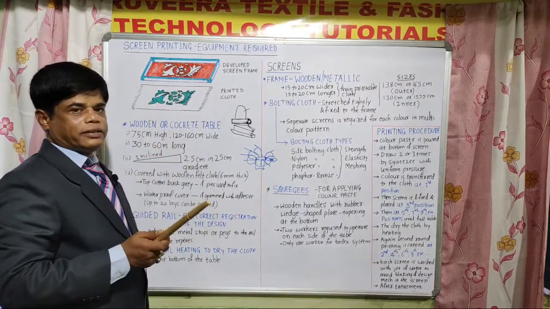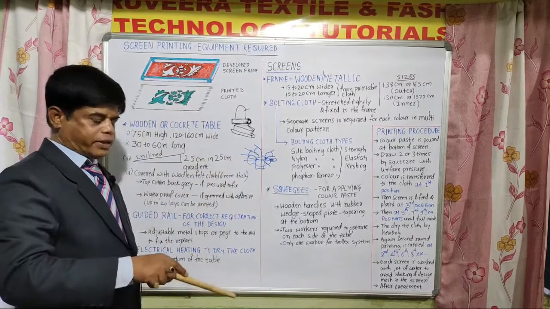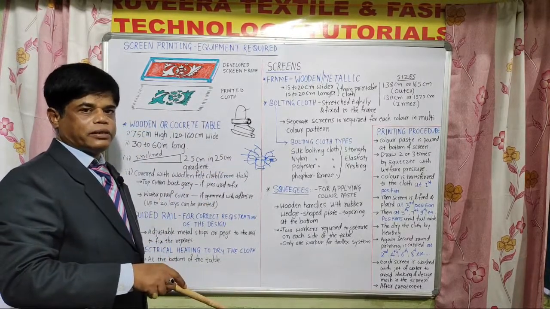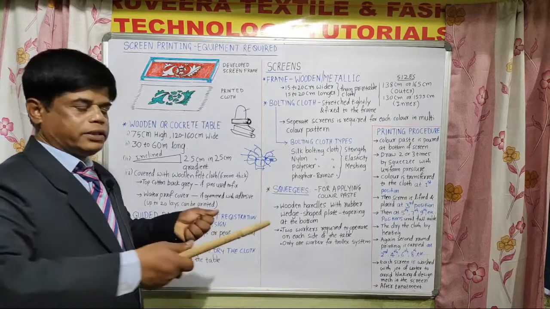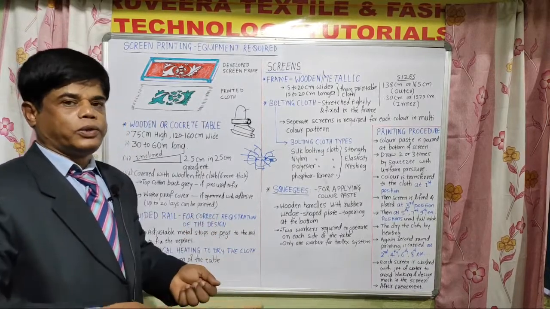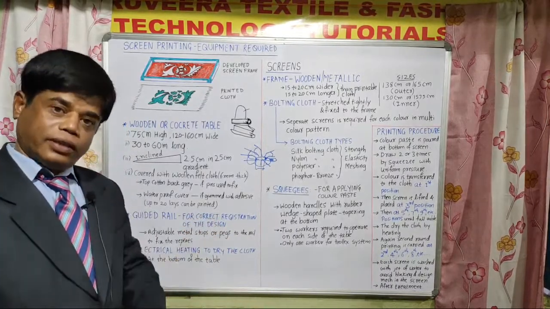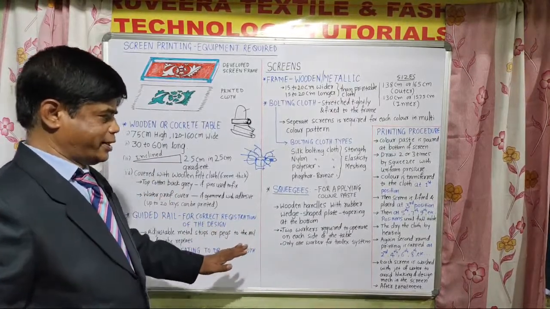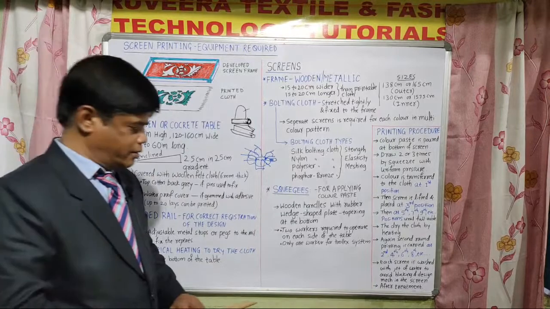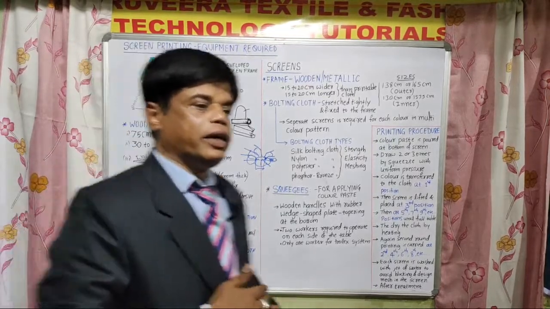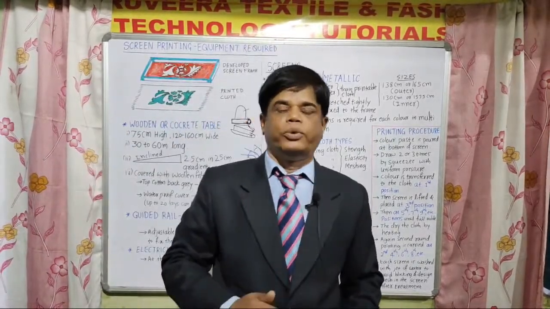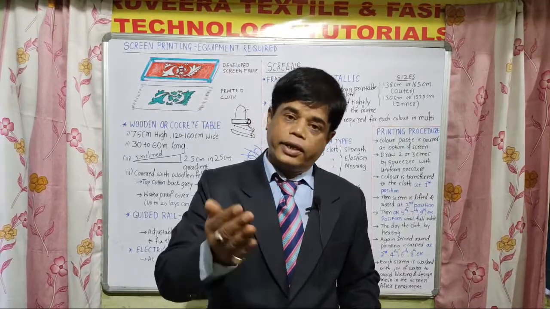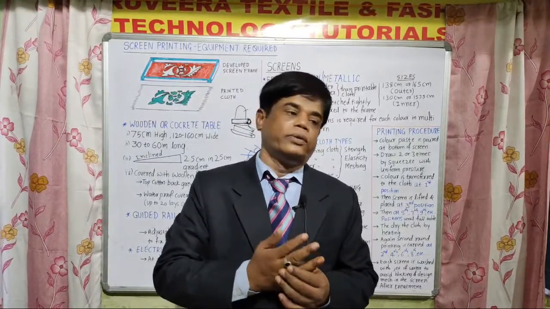After color is transferred at the first position, the frame is shifted not to the second position but to the third position. I already explained this. Then after printing odd number positions and the second round of even number positions, what is required?